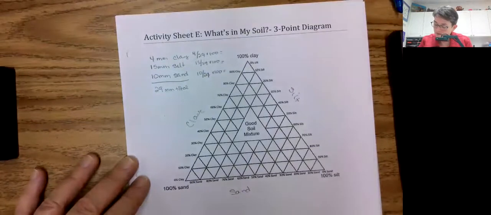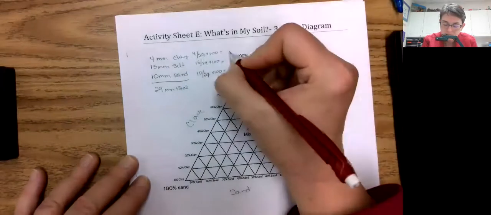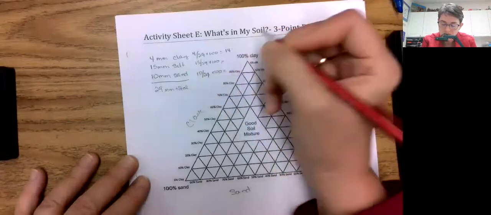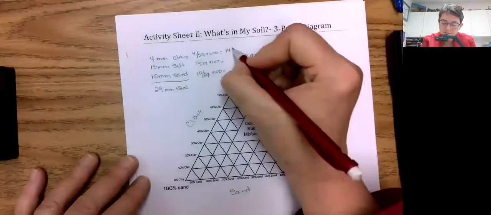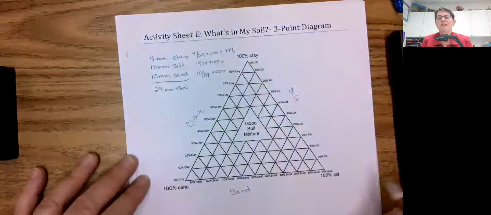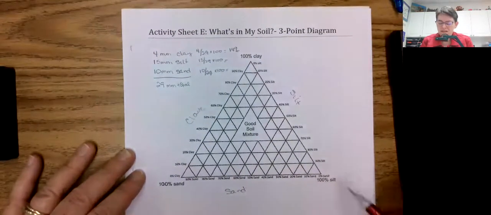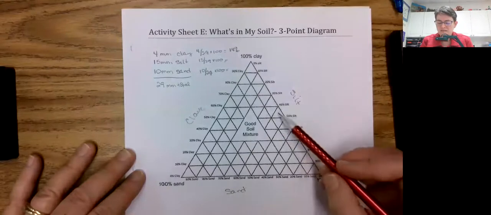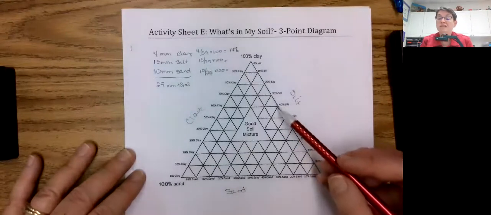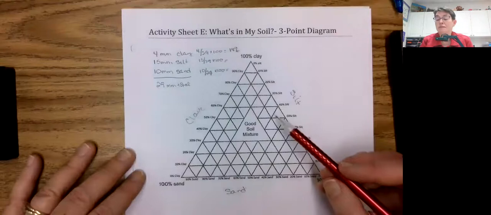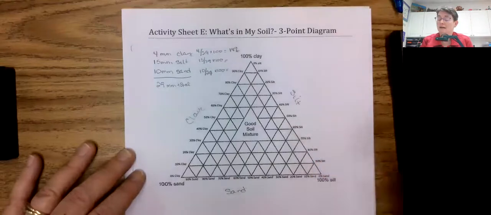So 4 divided by 29 times 100. 13.8. So we'll say 14%. There's not much use putting decimal points on here because we're estimating where 14 is. There's no way we can do like 13.75. I'm not that good. 15 divided by 29.